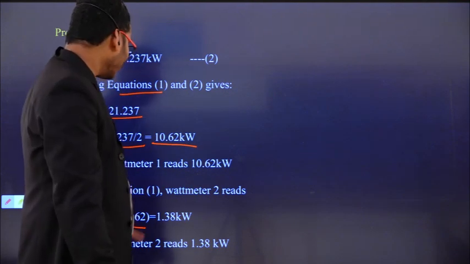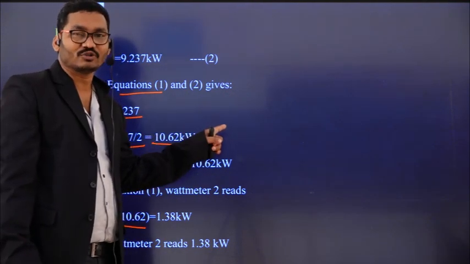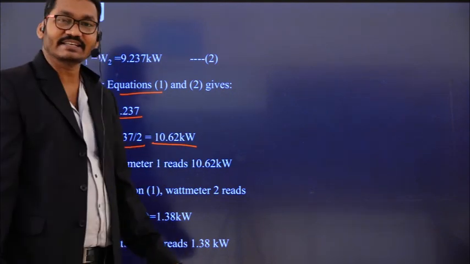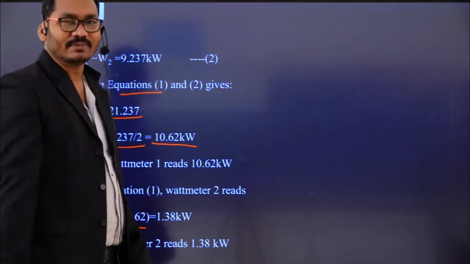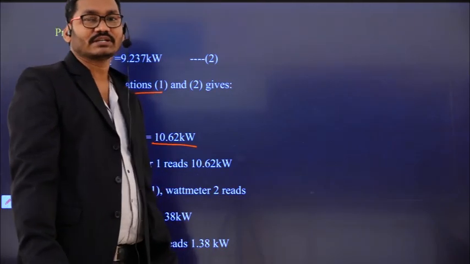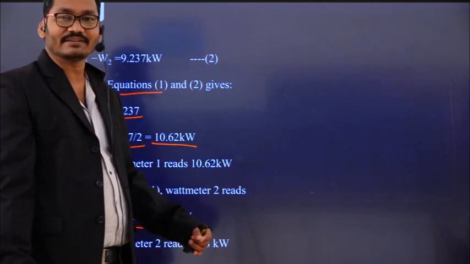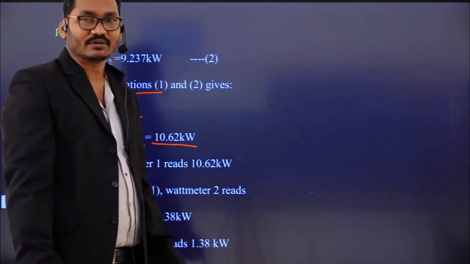As I already told, if you consider the formula root 3 into W1 minus W2 by W1 plus W2, wattmeter 1 reading is maximum and wattmeter 2 reading is minimum. You may consider either formula, no problem. I will consider root 3 into W2 minus W1 by W1 plus W2, so that wattmeter 2 reading is more compared to wattmeter 1 reading. Okay, thank you.